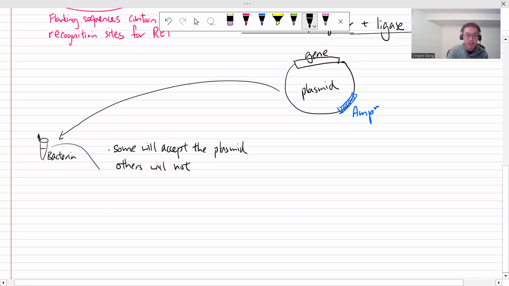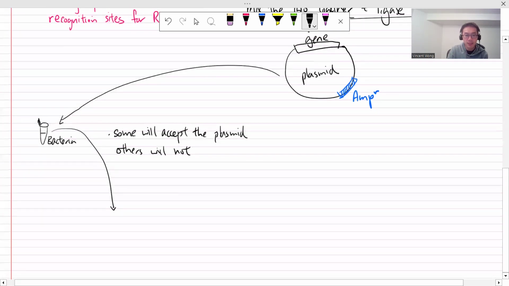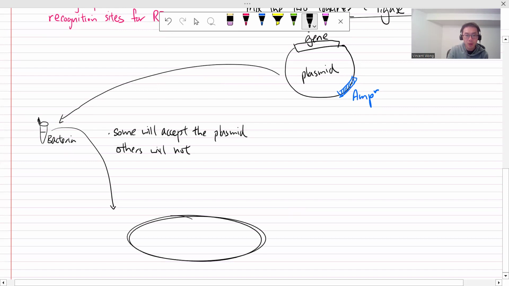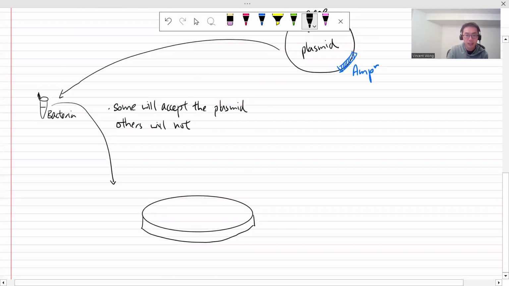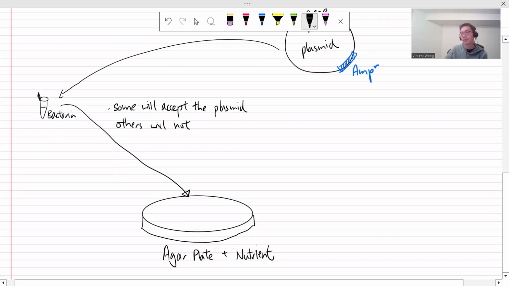Let's say we take these bacteria after we feed them the plasmid and we grow them on a petri dish, like the one I showed you before. So this is an agar plate plus nutrient. Then we're gonna put the bacteria on the plate and just let them be. It has all the nutrients necessary for them to grow.